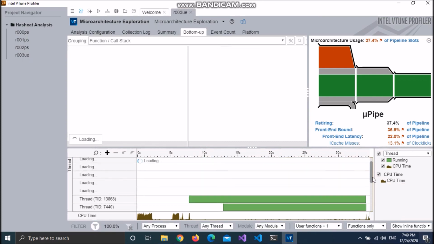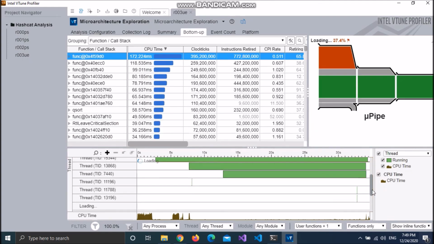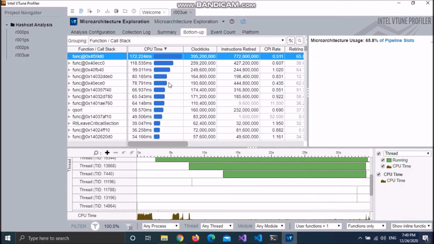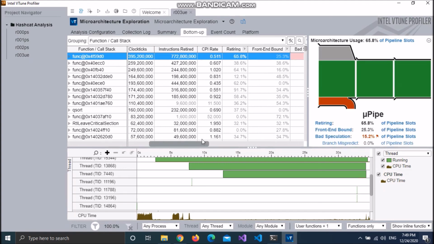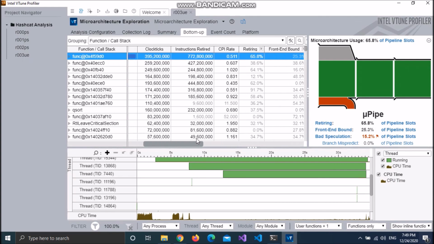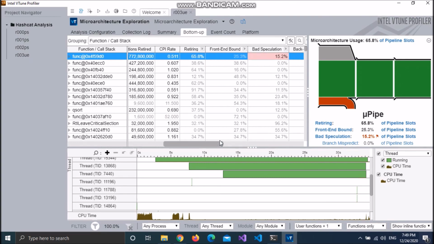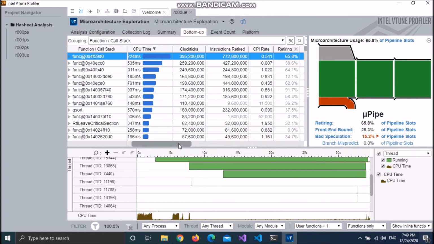And just by looking at it, it seems like much of the threads were idle most of the time. And here we can see that clock ticks, instructions retired, and CPI rate are listed by exact functions. And this is pretty much it.